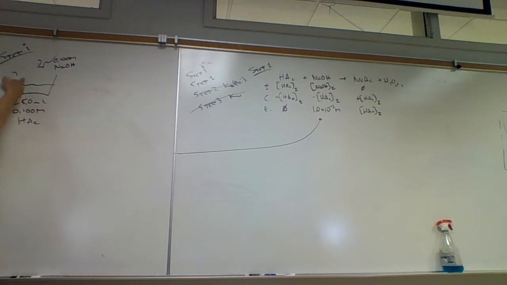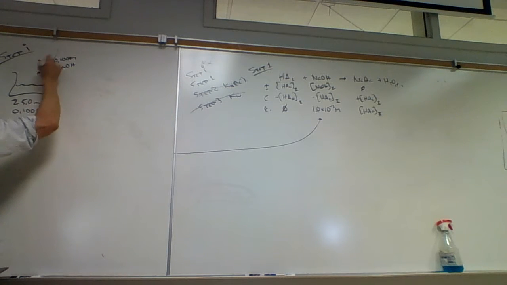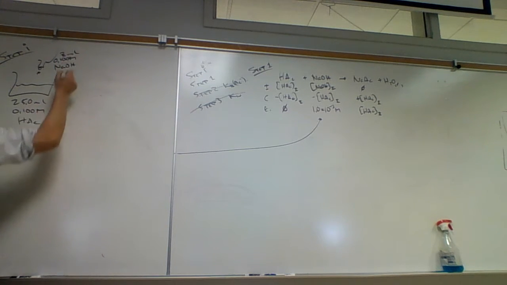But I don't know how much I need to add here. We don't know how much because that's what they're asking for. And so I'm going to add Z milliliters of 0.100 molar sodium hydroxide. We're going to add some amount, Z, and actually Z is what I'm trying to figure out in this problem.